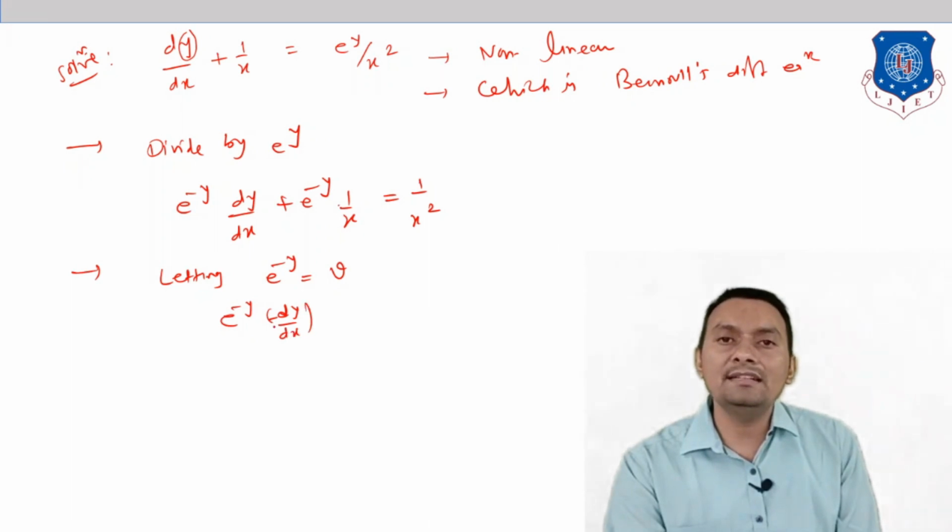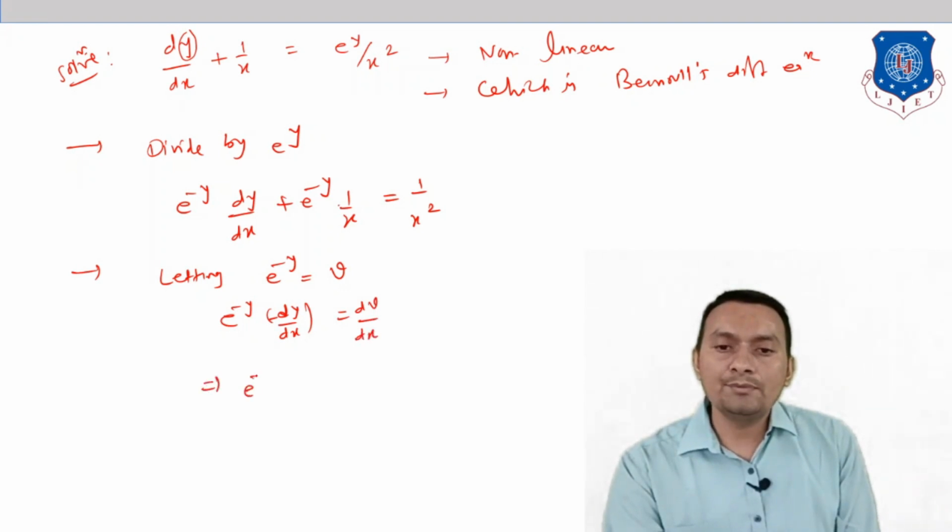Why are we taking minus here? Because the derivative of minus y is nothing but minus, and times dy by dx is equal to dv by dx. So whenever I replace e raised to minus y dy by dx, I will use minus times dv by dx.